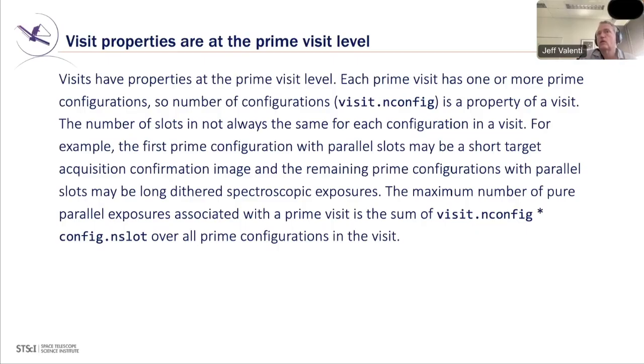You can have a target acquisition followed by a longer science exposure. You can have different exposure depths for different NIRCam imaging filters. You can have a direct image and the dispersed images. So just be aware that the number of configurations is a property you can look at, but you have to be careful that the exposure duration is different. The properties of each configuration could be different.